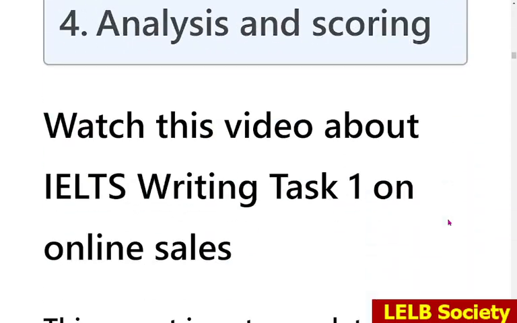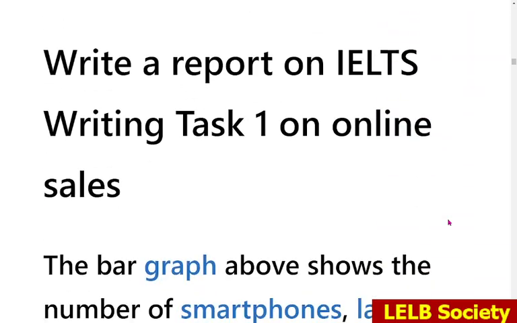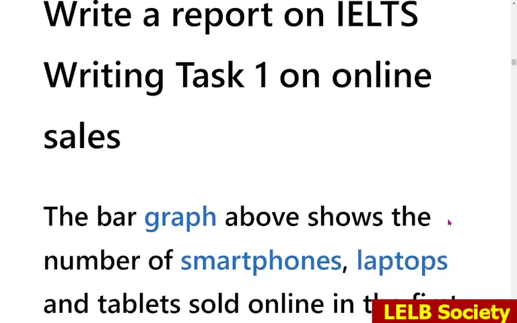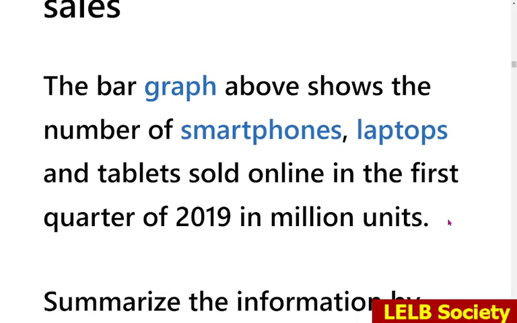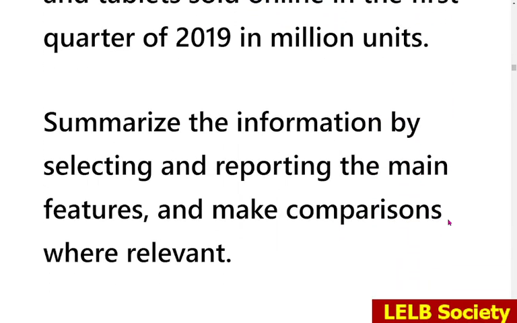I can skip the table of contents. Write a report on IELTS Writing Task 1 on Online Sales. The bar graph above shows the number of smartphones, laptops, and tablets sold online in the first quarter of 2019 in million units.